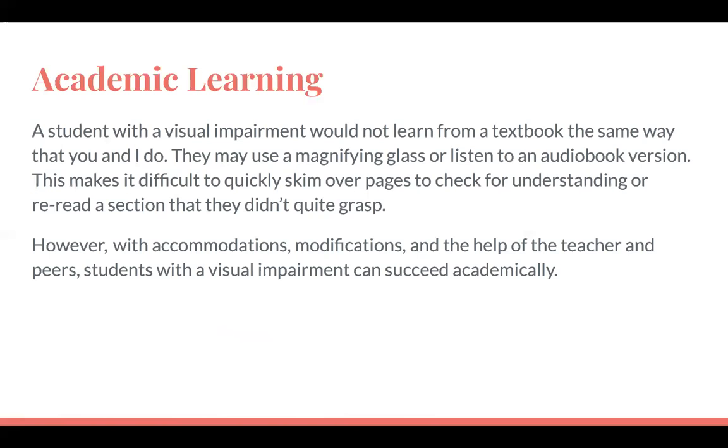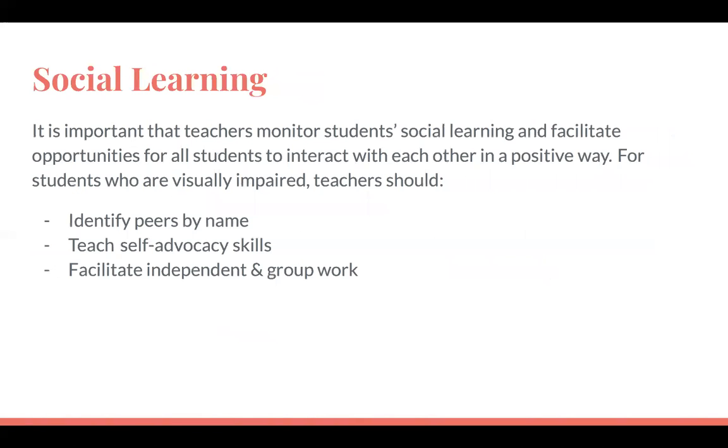If I didn't really understand something I read, I'm just going to go back and, depending on the length of it, reread it or skim through it and see what I missed. So that is a little more difficult for these students, but with accommodations and modifications and the help of the teacher and peers, students with visual impairment can succeed academically. There's no doubt about that.